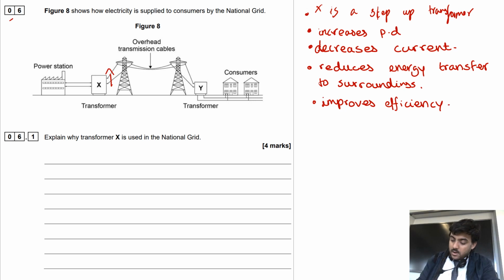Okay, now the first bit that is not mark worthy. These 4 bullet points are the 4 bullet points that will get you all 4 of those marks.